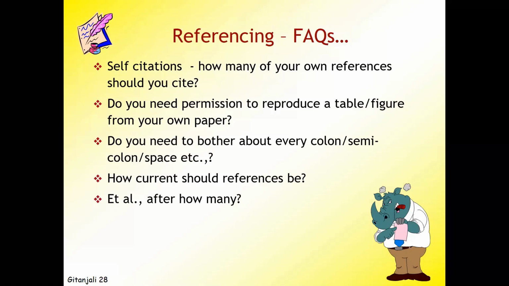After how many authors should you put et al? Actually, you are expected to list all the authors. Of course, if a paper has 150 authors, you can't put all of them. But generally, you are expected to list all. In the Vancouver format, you can list 3 or 6 depending again on the journal. For a thesis, we usually say 6 authors.